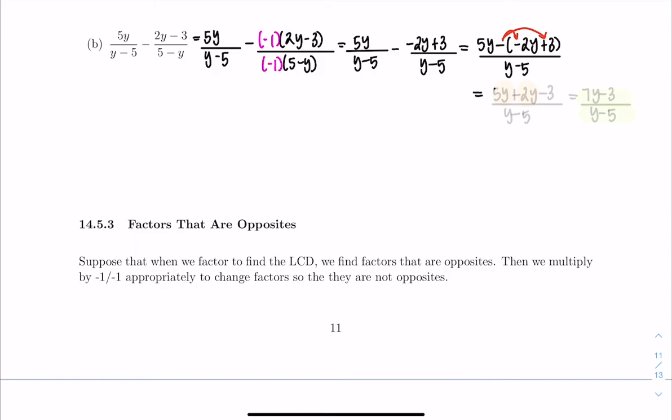So we end up with 5y plus 2y minus 3 all over y minus 5. And combining like terms, we end up with 7y minus 3 all over y minus 5.